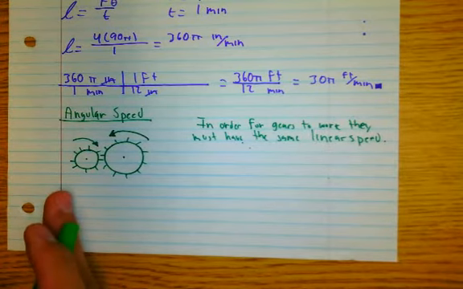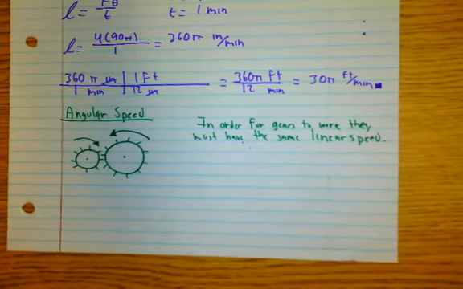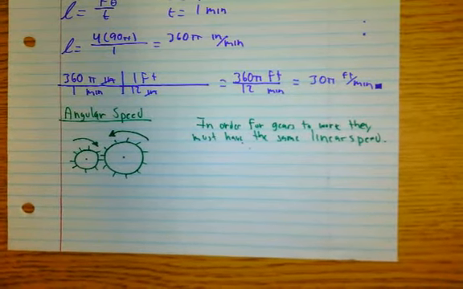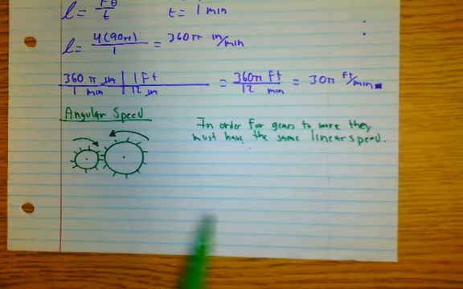Let's talk about rotations, because we're talking about angles. And we know that angles measure rotation, agreed? How would you describe the relationship as far as rotation goes between the smaller gear and the larger gear? Lindsay, what you got? The smaller gear would have more rotations per minute than the larger.